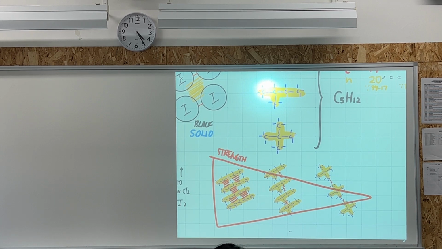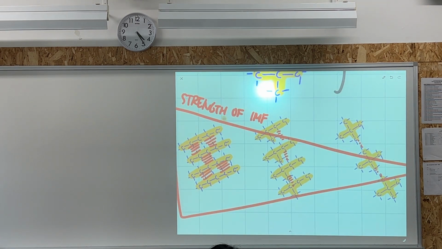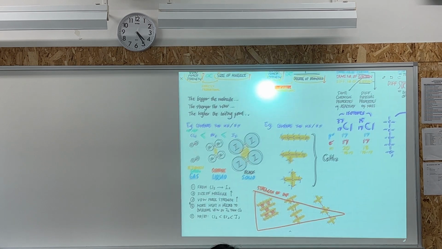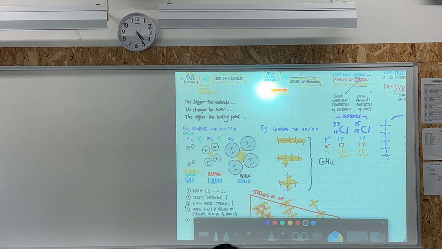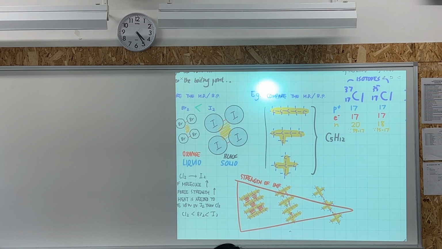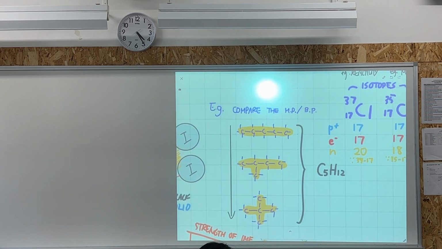The thickness of those dashed lines represents the strength of the intermolecular force, the van der Waals force. So what is the conclusion we can draw here? From this to that, number one, as the degree of branching increases, as there are more branches, the first one has no branch at all.